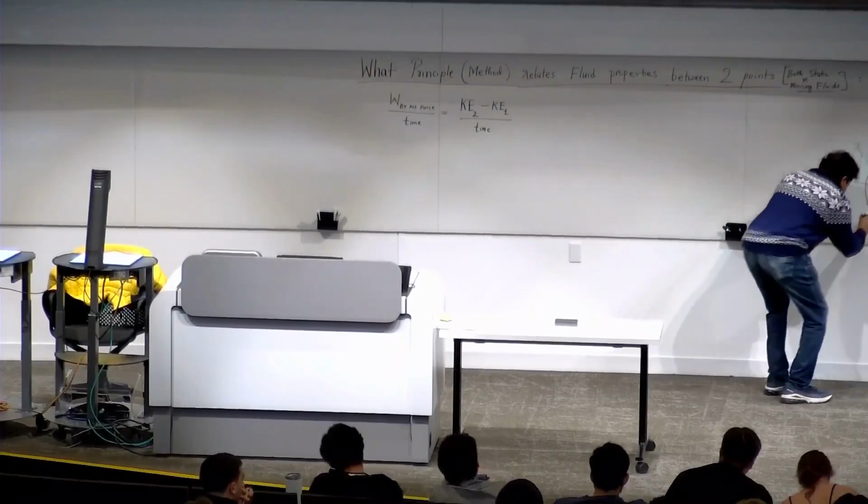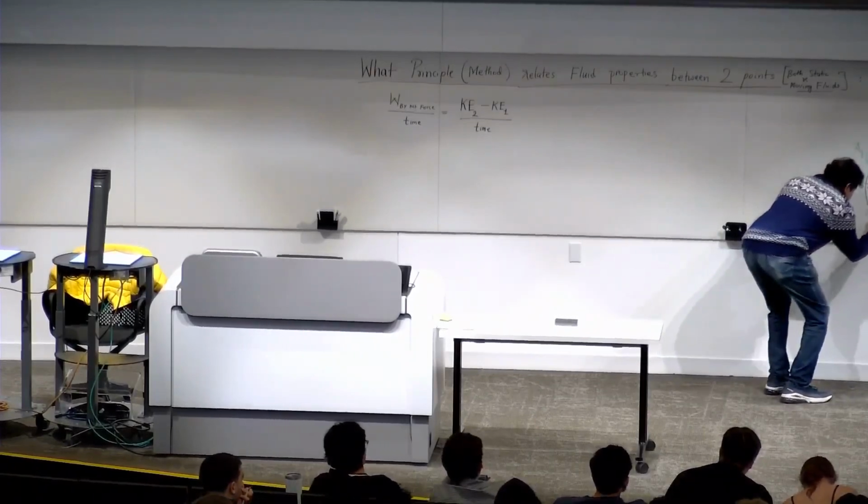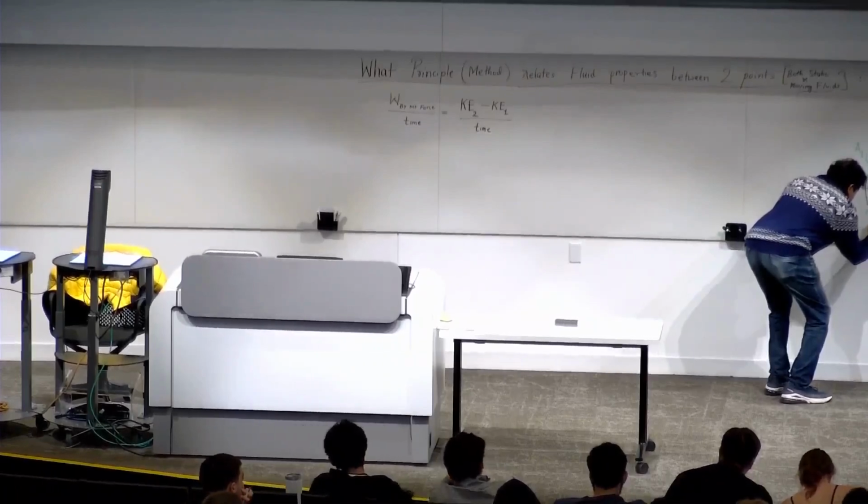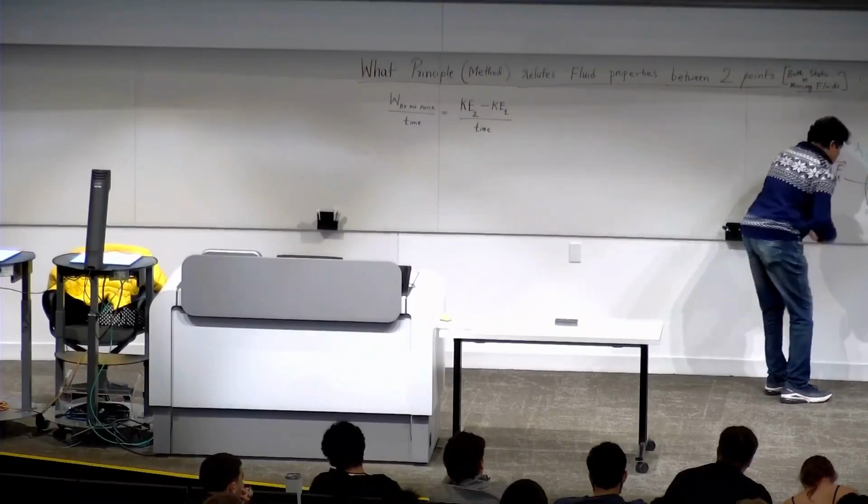Then this chunk of the fluid has a thickness delta x 1.